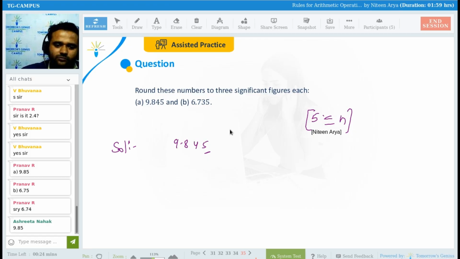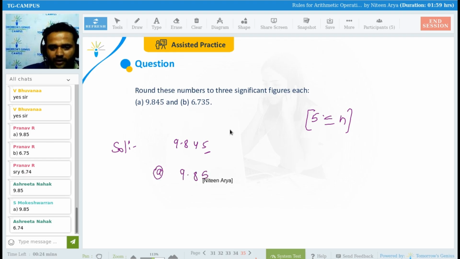So it can be 9.85, because it is closer to the higher order. So the answer for A is 9.85. Obviously, by the same analogy, for B it is 6.74.